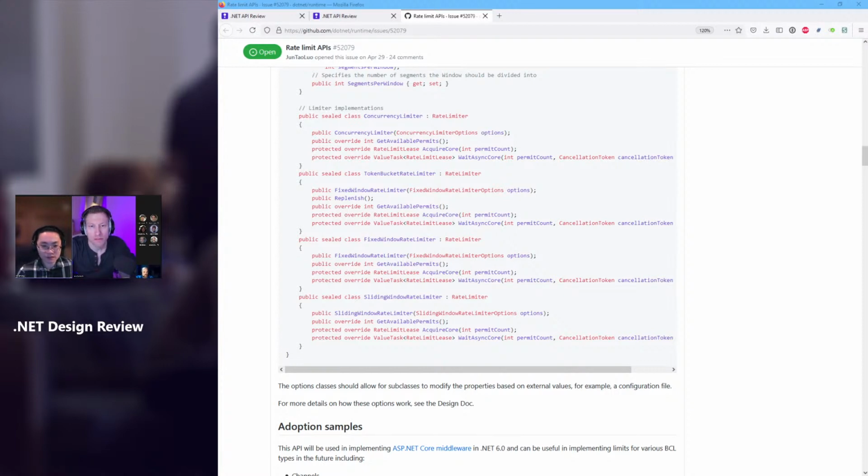So that is why I call this method Replenish. In terms of Tick, I'm not sure that's a name with a lot of meaning behind it. But I want to get everyone's feeling on that.